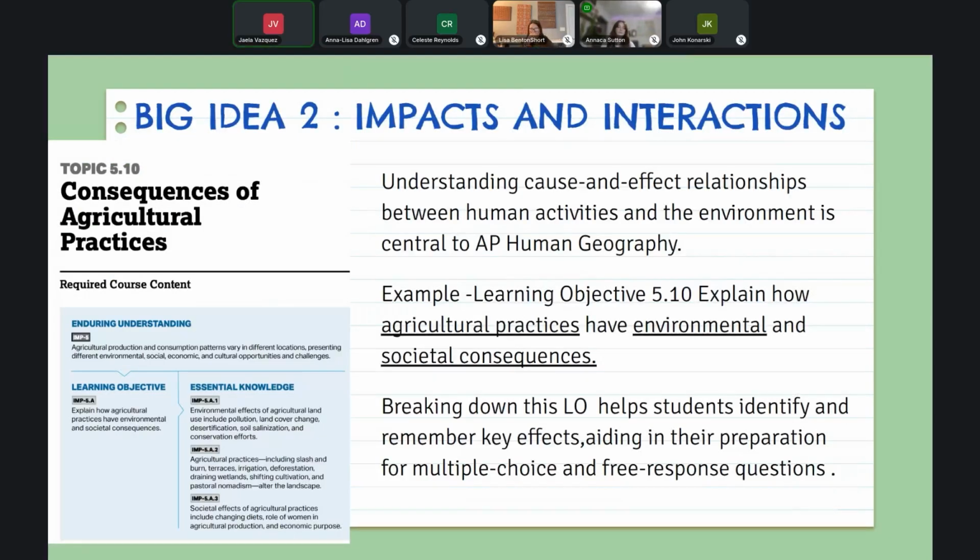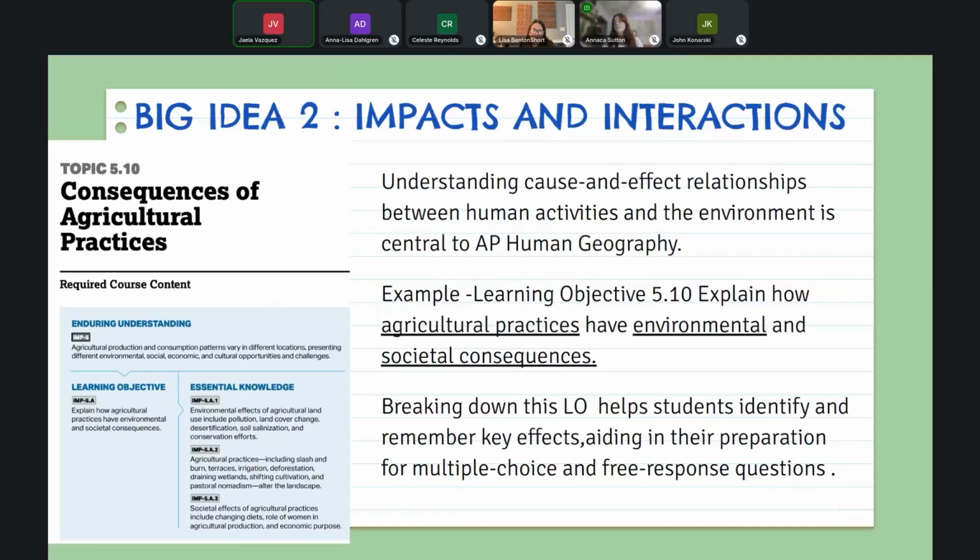For example, this is the impacts and interactions, and here we're looking at topic 5, lesson 10. It's really important for students to understand cause and effect relationships, and that's what impacts and interactions is. So we go over the learning objective, and I'm like, look, it's very simple. The big idea, impacts and interactions. Look at this learning objective.